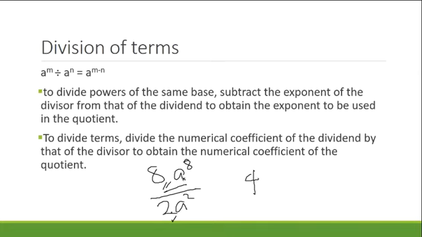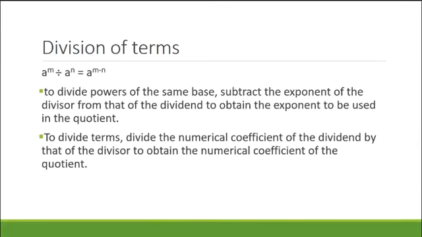And we will just copy the base a and we will subtract 8 by 2. So, isasubtract lang natin yung exponent ng numerator sa exponent ng denominator. 8 minus 2. Therefore, we have an answer of 4a raised to 6.